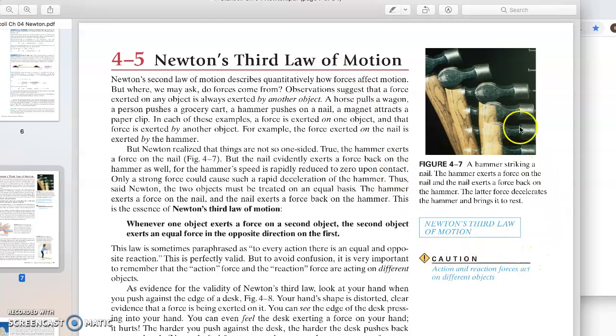All right, we can see a hammer. This is one of the very famous examples about Newton's third law of motion. And if you also recall, there is an opening chapter problem. If you go back up to the first page of this chapter, there is an opening chapter problem about a heavy person pushing a lighter person.